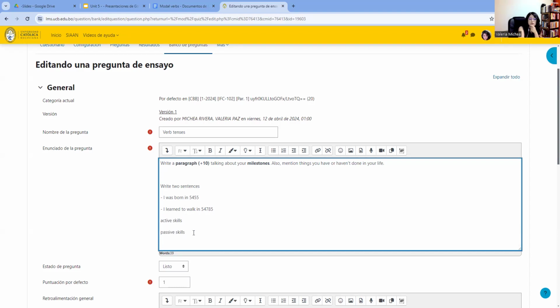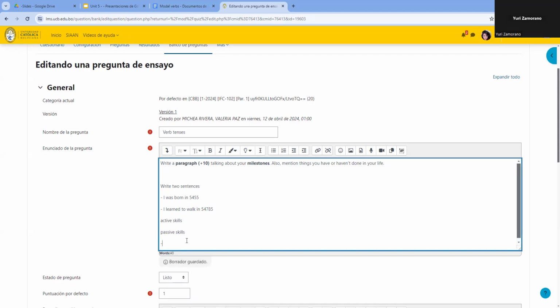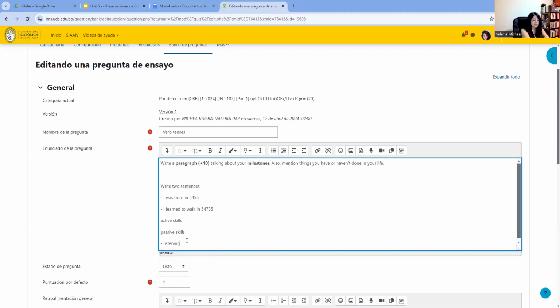Does anybody know which ones among those 4 are passive skills? Any ideas about this? Listening, yeah, it's passive. Very good. Any other one that is passive? Reading? Yeah, reading. It's definitely that one.